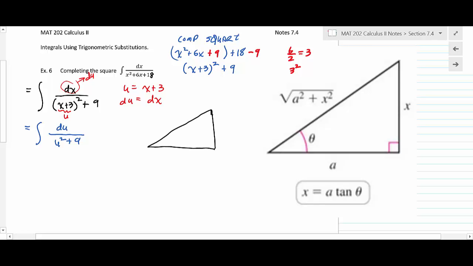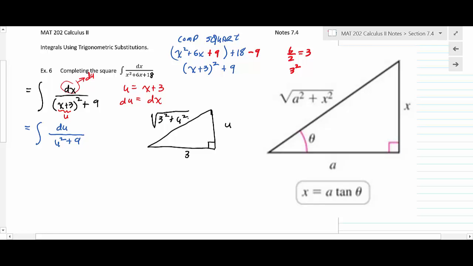Okay, like this. And the way that we typically want to do this now is kind of like this. If you look at the setup on this, we would want to have the u here, and then the 3 there, and then what would go here would be the square root of 3 squared plus u squared, like that.